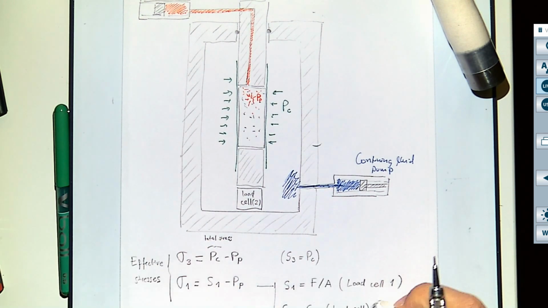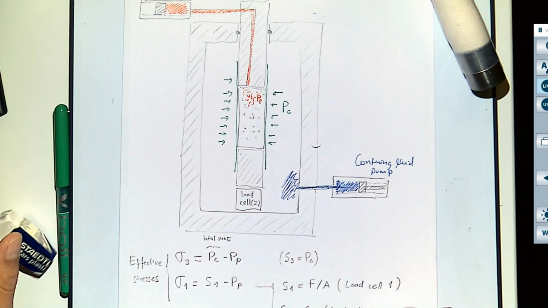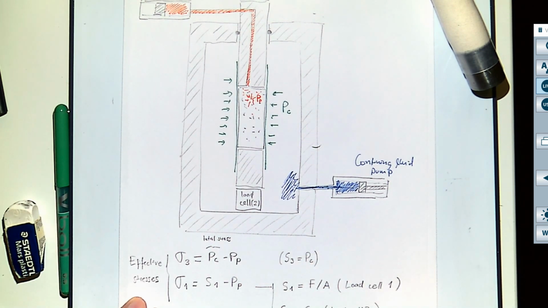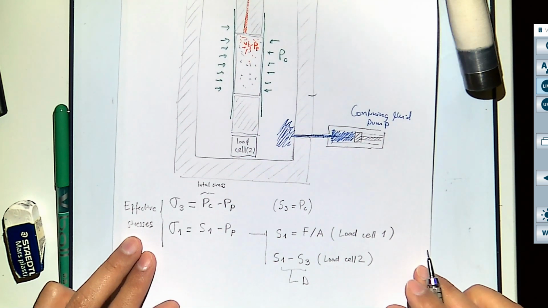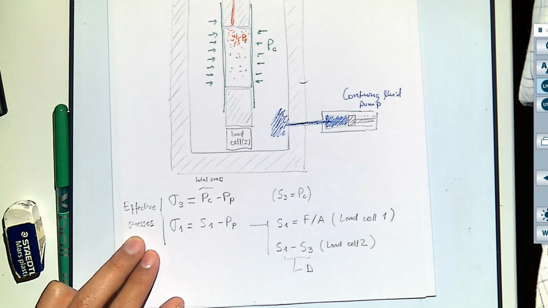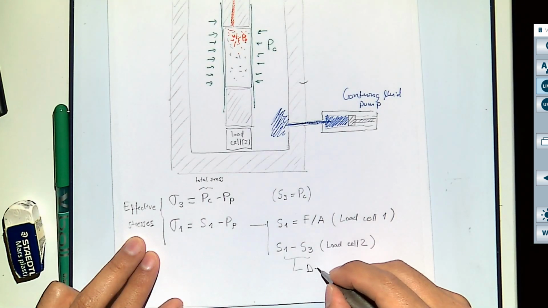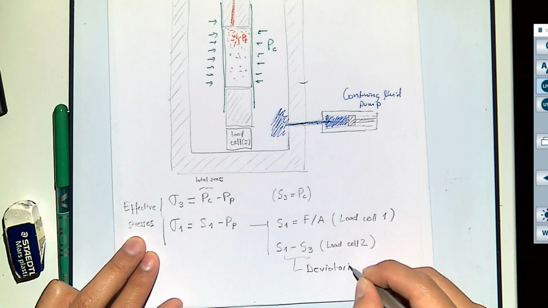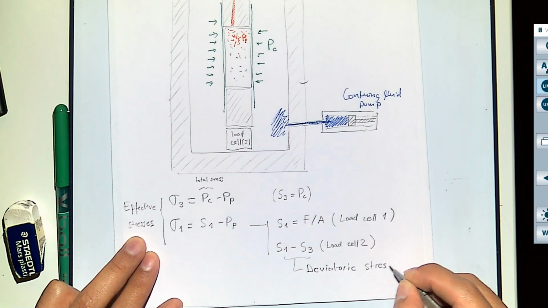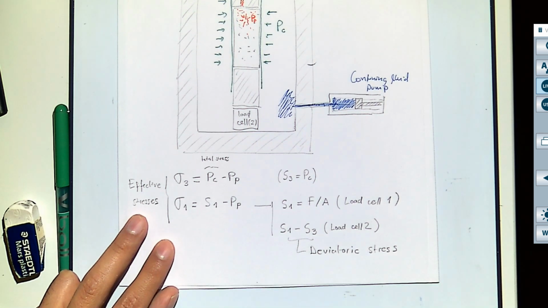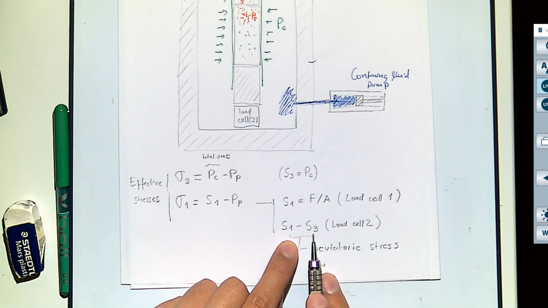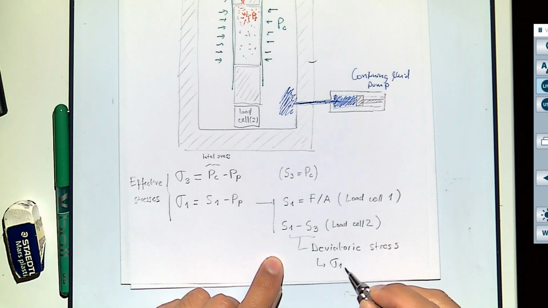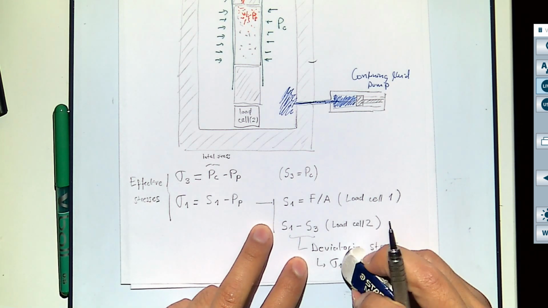And this is what is called a deviatoric stress. Notice that because these are both total stresses, it is also equal to sigma 1 minus sigma 3.